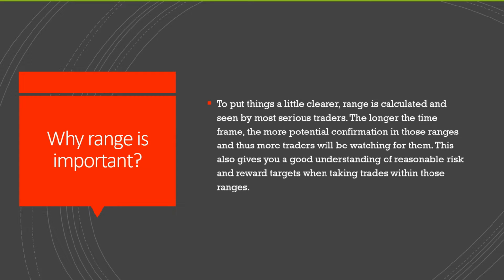And so with that said, you want to look for the more obvious ranges in stocks. The more obvious the range, a lot of the time it's going to work out a little bit easier for you because other traders are trying to take advantage of that exact range in the stock.